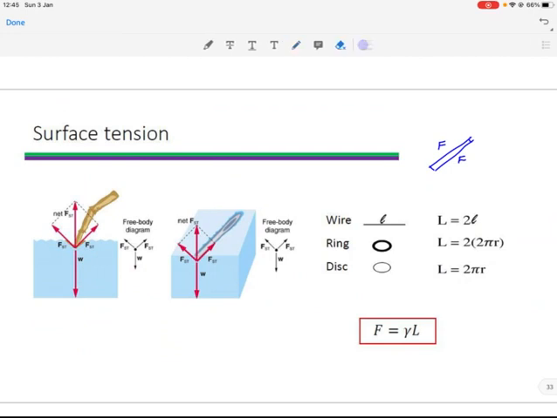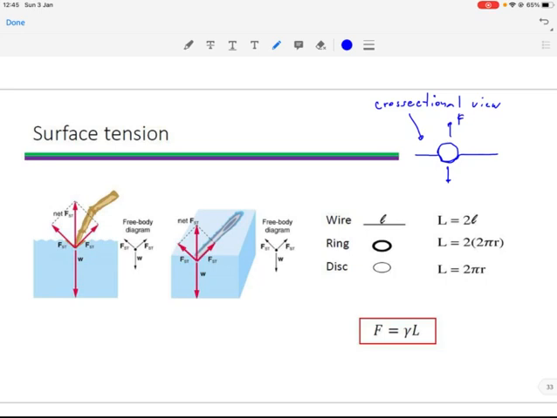Okay, so if I write that wire, I'm trying to zoom in a bit, and we look from the cross-sectional, this is a cross-sectional view. We look at the cross-sectional view, and we see that there should be a force that holds the object up, right?